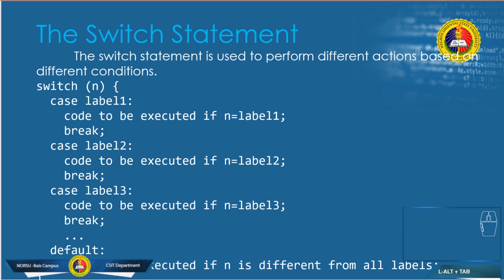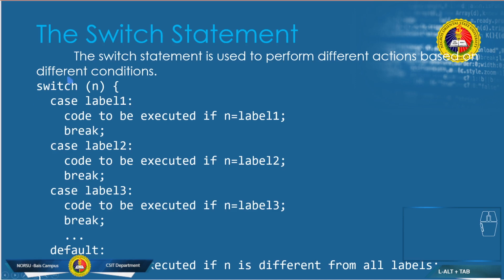So again, the if and else statement will be working by analyzing whether the value is true or false. The switch statement will work by comparing the value and the label. What exactly is label, let's talk more about it later. But that's the difference between them. The if else statement determines whether the condition is true or false, while the switch statement compares the condition and the label.